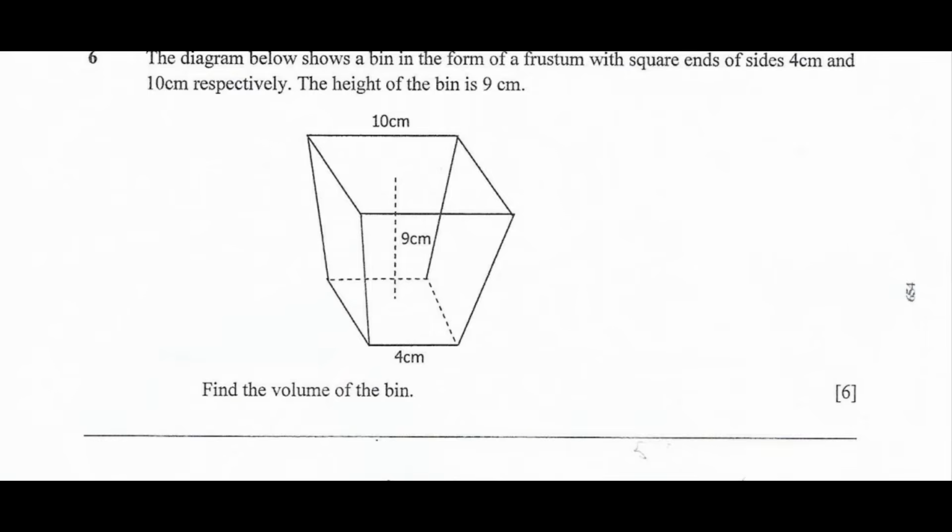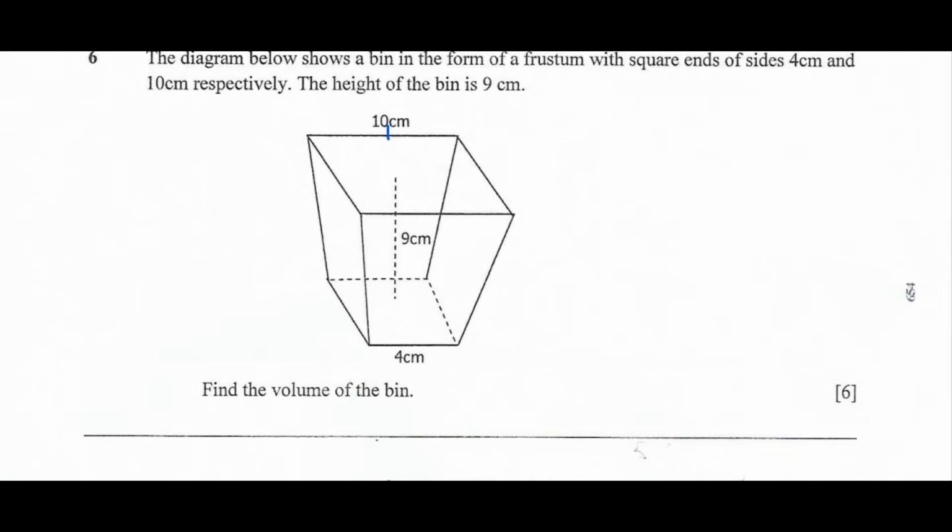So there are some points that I want us first to have in mind here. We know that the two bases, the below one and the above, are squares. So what this means is that all the four sides are equal.